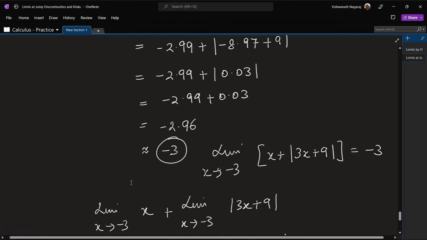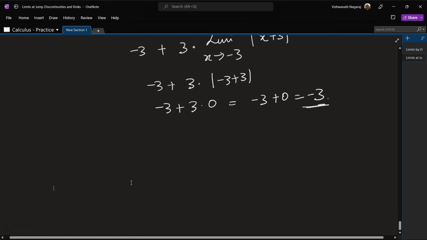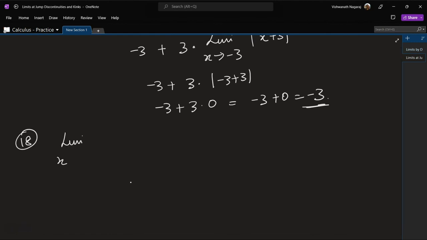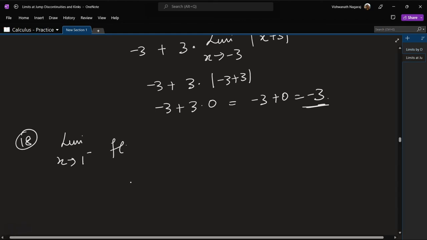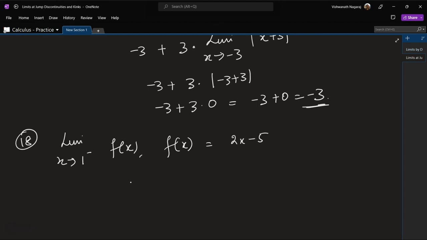So this was the 17th one. Now let's look at the 18th one. Limit as x approaches 1 from the negative side of f of x, where f of x is equal to 2x minus 5 if x is less than 1, and minus 2x minus 1 if x is greater than or equal to 1.